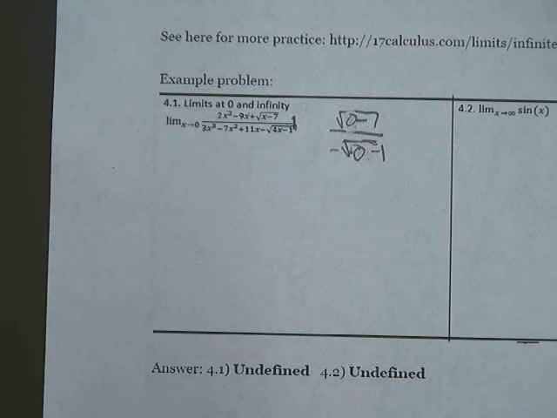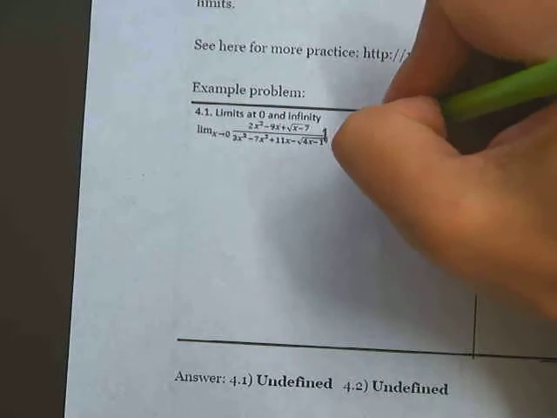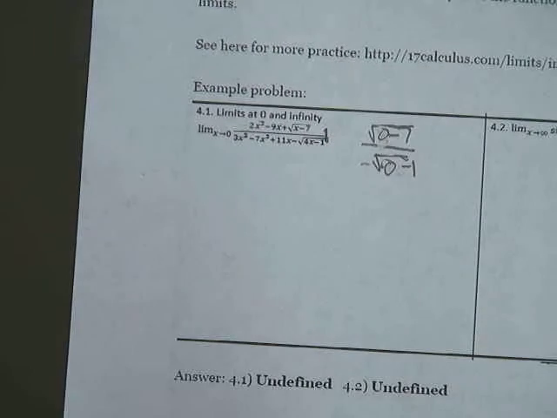Now both of these are exceedingly problematic. When you're doing these problems, it's really important that you remember all the different ways we can break math. Dividing by 0 is bad. A negative in a square root is bad. We have a 0 minus 7 in a square root.